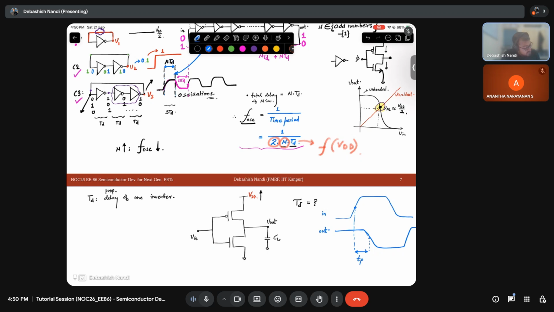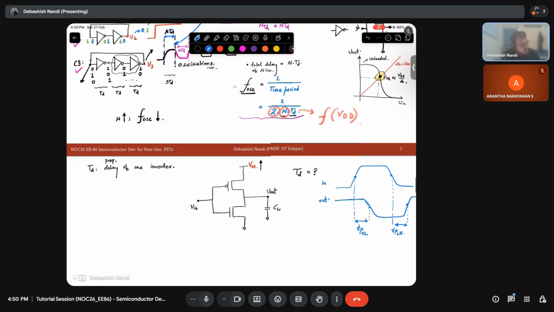My output is going from high to low, this we call TPHL. Similarly, this delay, where the inverter output is transitioning from low to high, is TPLH. My TD is defined as TPHL plus TPLH divided by 2. TPHL is output going from high to low. That means the capacitor is fully charged and discharging through this NMOS.